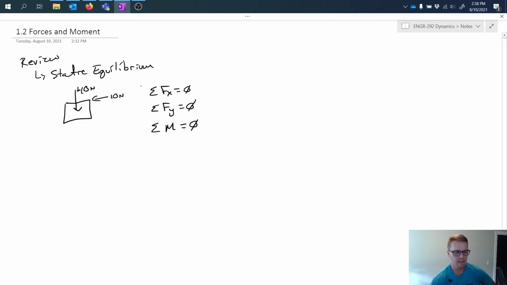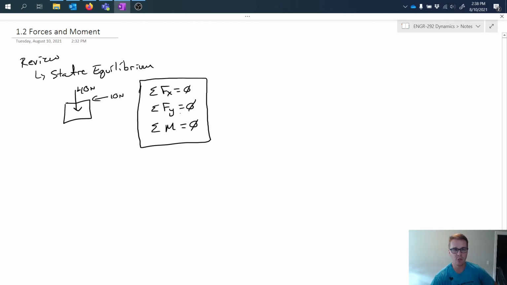And this gives us that condition of static equilibrium. And some things that we should note here are that we have two components of force, and that again is because force is a vector quantity. So if we want to do this mathematically, we would often split it up into its Cartesian components.